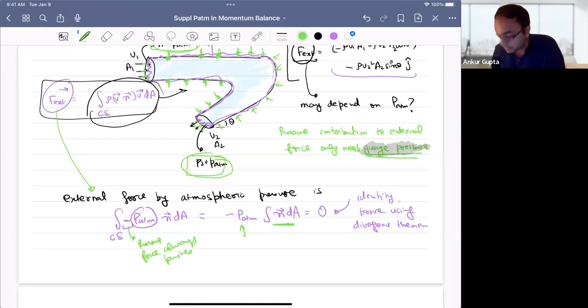And you can essentially prove this. It doesn't take too long. You can show that the integral of n vector dA is actually equal to 0. Why?